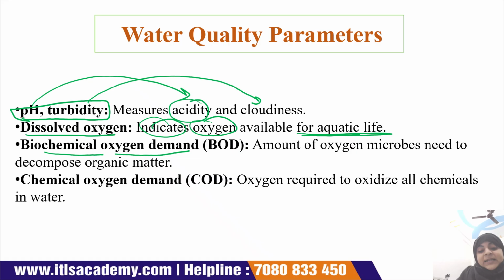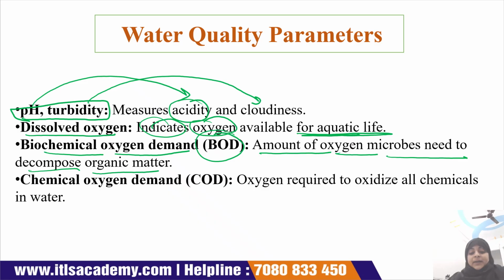Biochemical oxygen demand, that is BOD, is defined as the amount of oxygen microbes need to decompose the organic matter. Here it means the amount of oxygen required by the microorganisms so that they can decompose the organic matter.